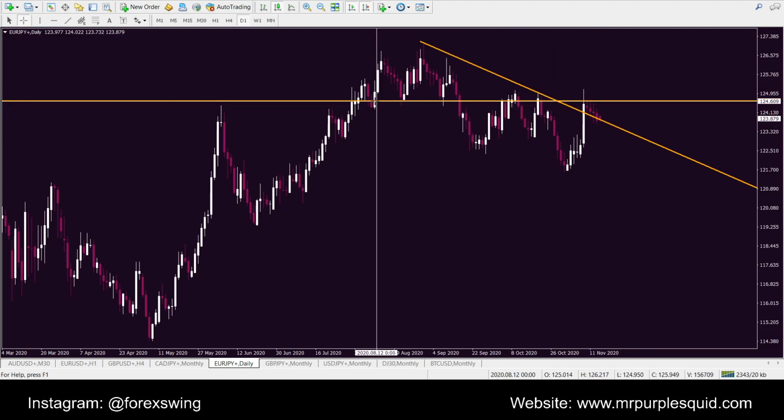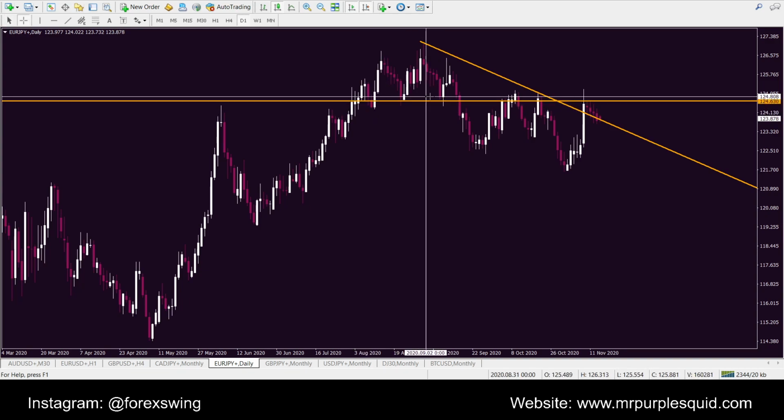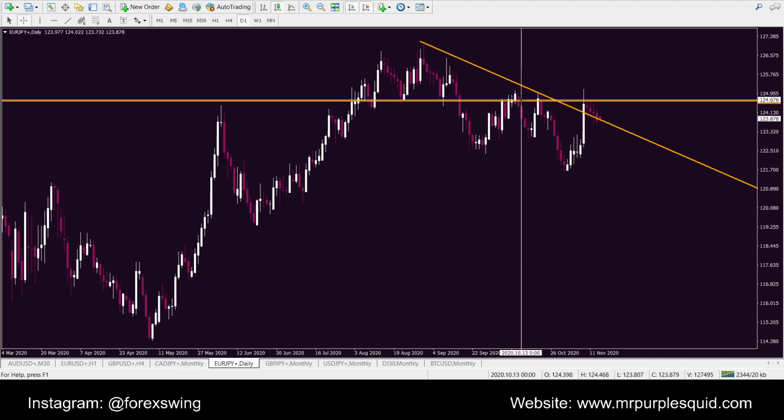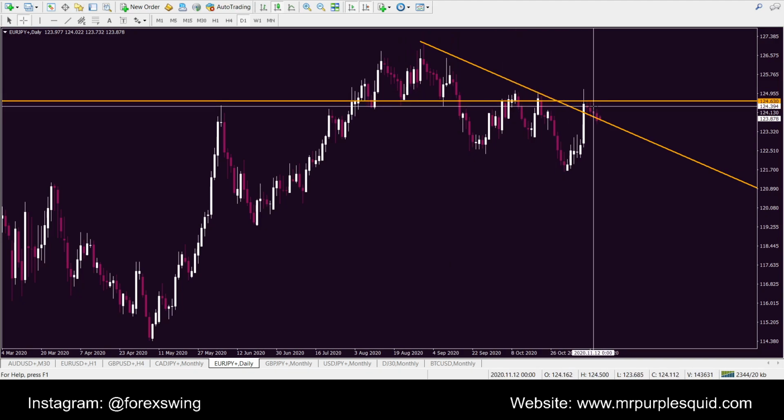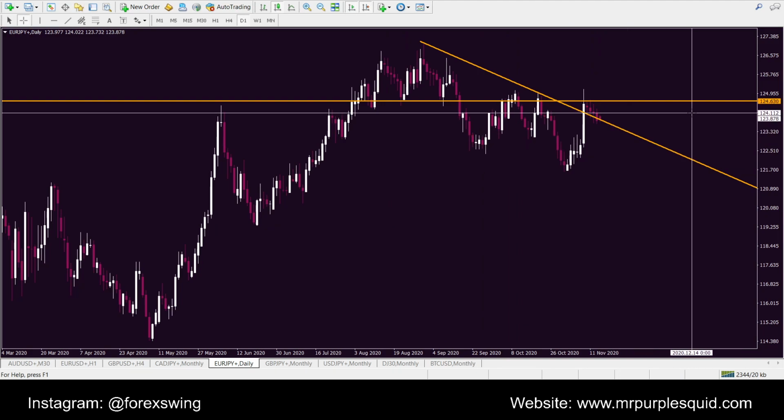Support, support, support. And I only mark these points at strong areas, right? So here we have support, support, support, and now resistance, resistance, resistance. So that's basically 3, 3, right? Because I don't usually put in horizontal lines, but in cases like these, yes, definitely.